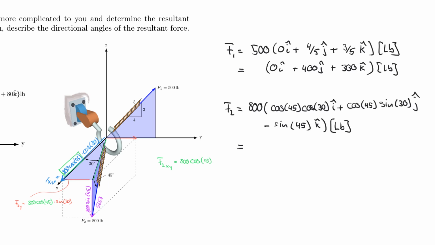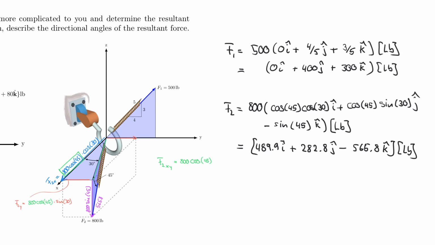But what I will find here is that I have 489.9 i hat plus 282.8 j hat minus, that is important to keep in mind, 565.8 k hat. And all of that in pounds.